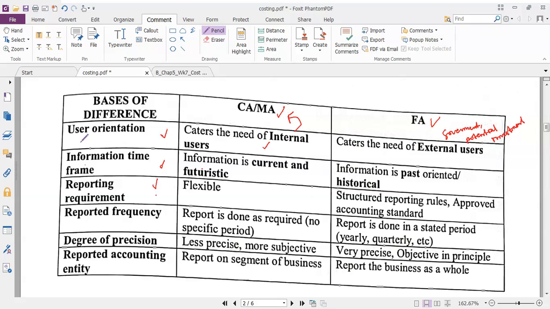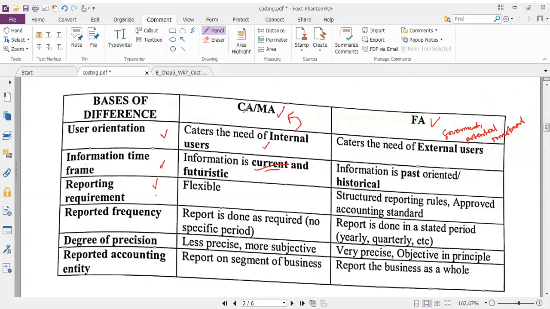Okay. Secondly, the basis of difference: information time frame. Information time frame means the time period that is usually used by cost accounting, which is current and futuristic. Current, okay, semasa. Dia gunakan information yang semasa dan futuristic tu maknanya sekarang ni dia plankan sesuatu strategi untuk masa depan.